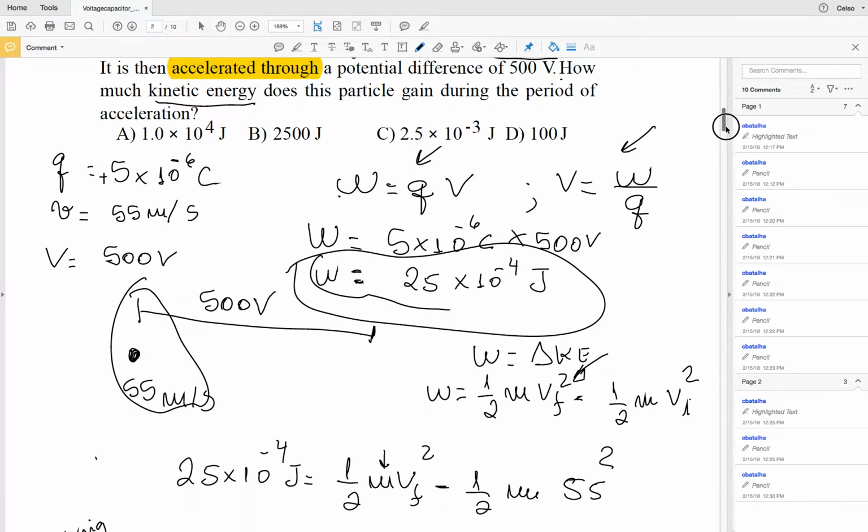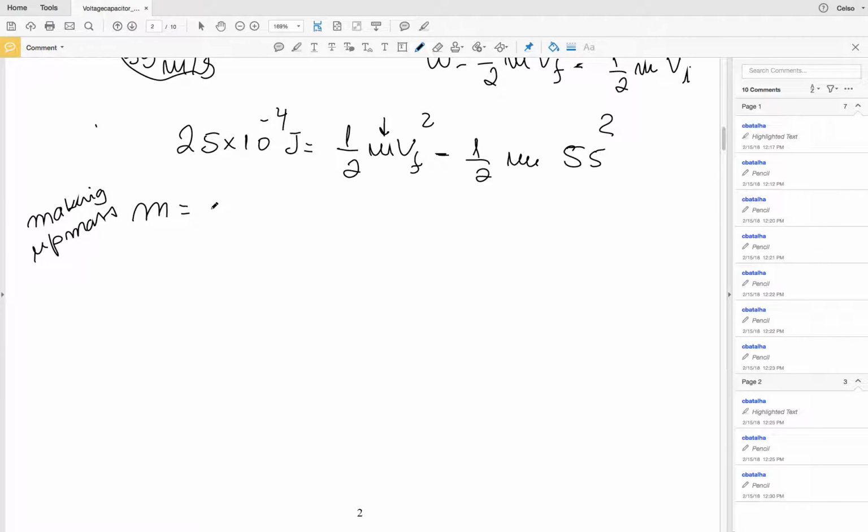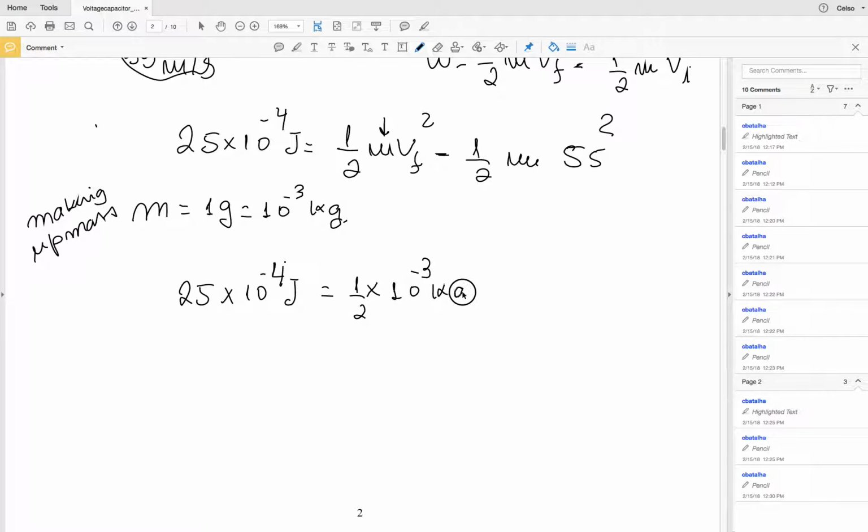So I don't have the mass of that particle. So if the mass is, let's say, 1 gram, which is 10 to minus 3 kilograms, then I can replace that information in the equation: half times mass, 10 to minus 3 kilograms, times the final velocity squared, which I would like to find, minus this quantity here.